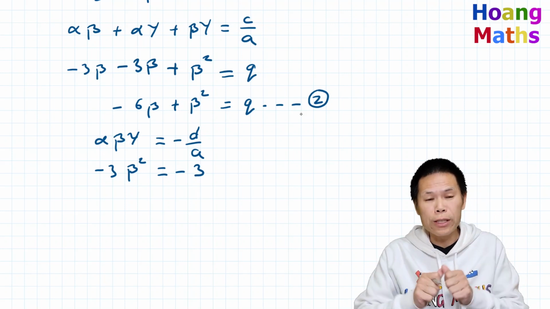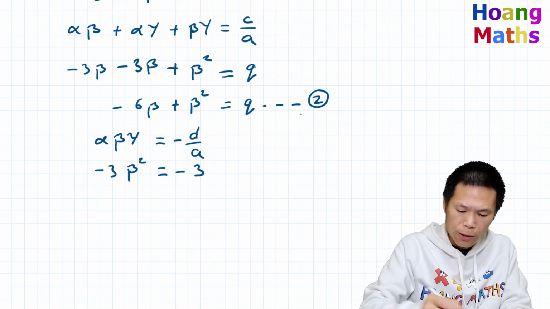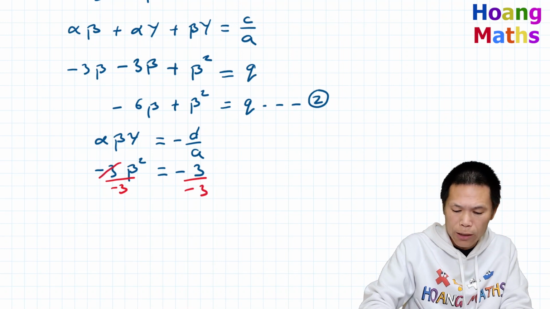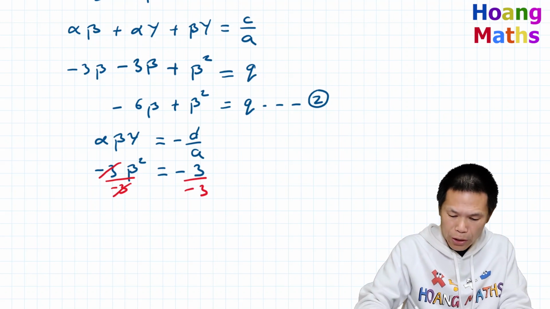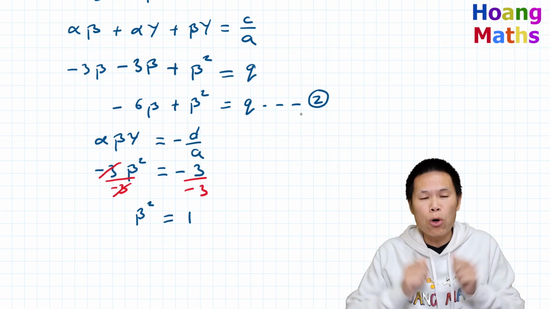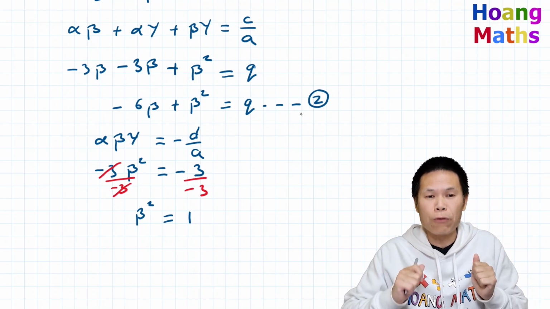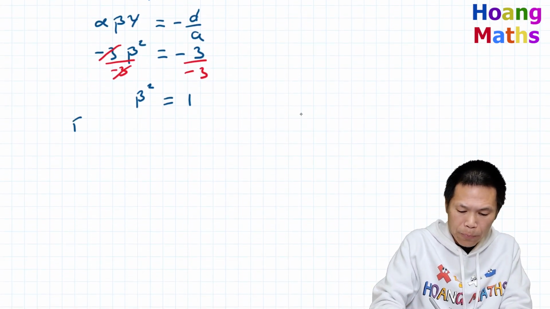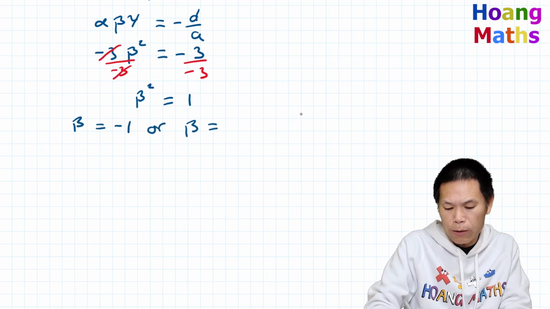Now we can just solve these equations. If I divide both sides by negative 3, the negative 3s cancel out. So this means that beta squared is equal to 1. I square root both sides, so beta is equal to negative 1 or beta is equal to positive 1.